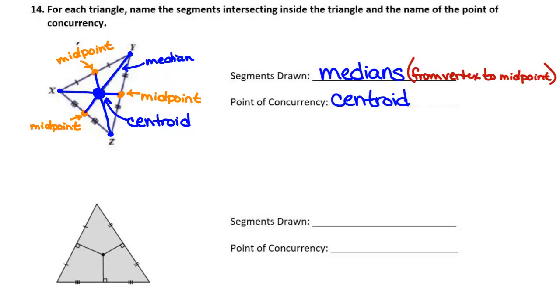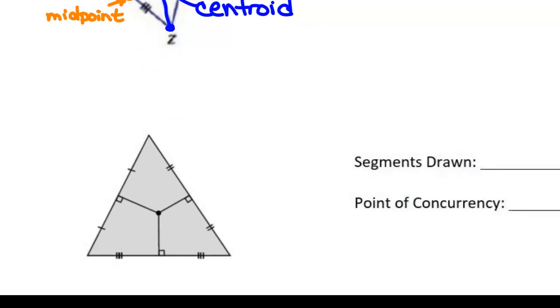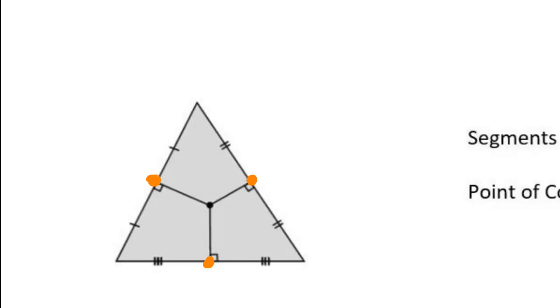All right. Second one down, I see these congruence markings again. So what do we call these 3 points? Those are midpoints, yes, and you're on the right path.